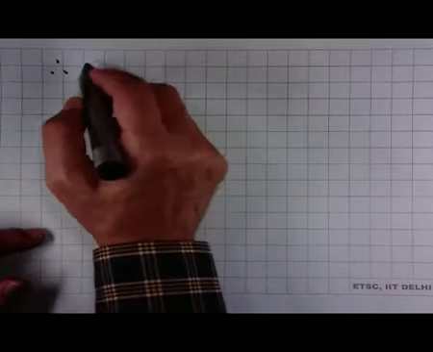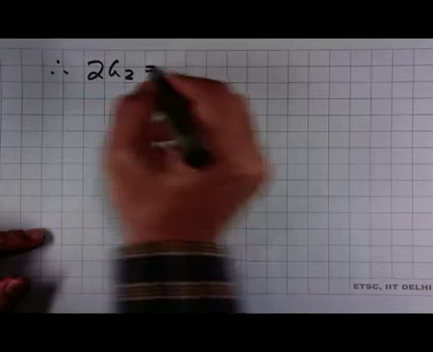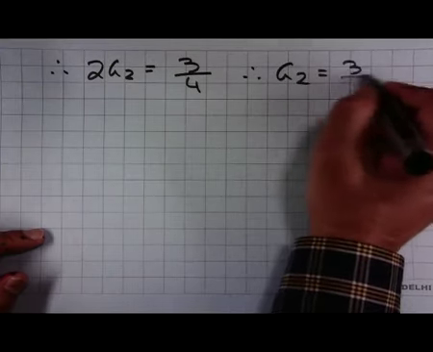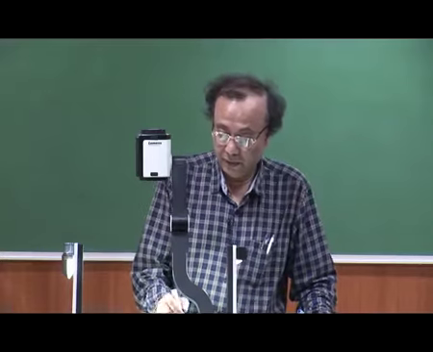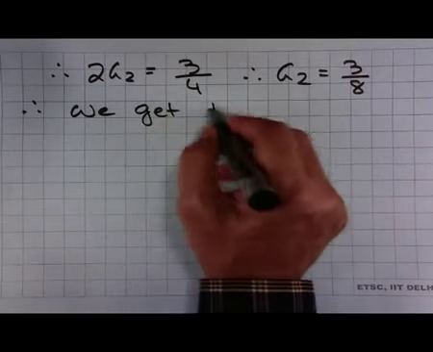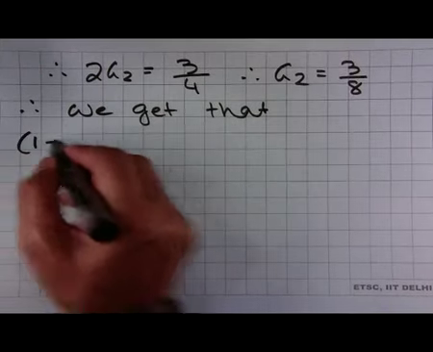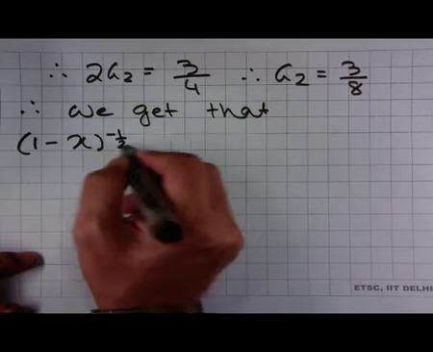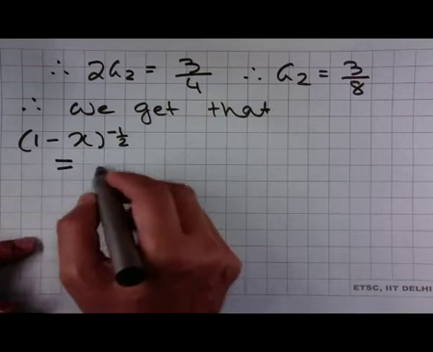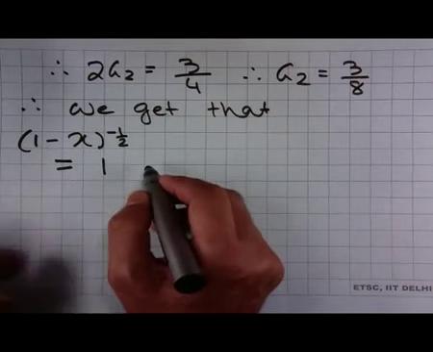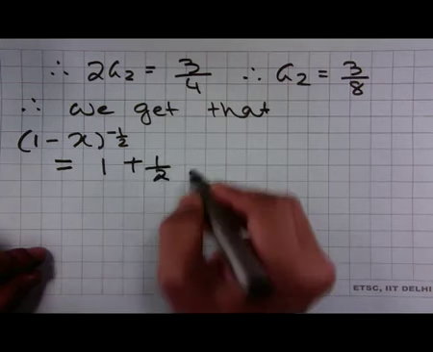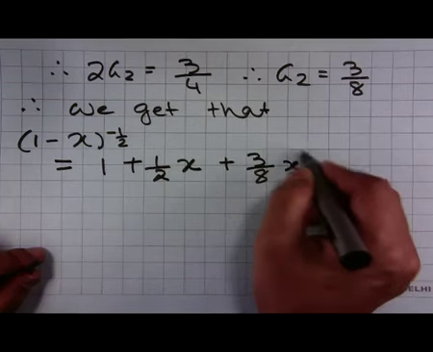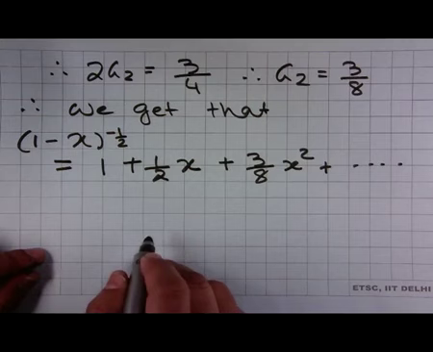Therefore, 2 a2 is equal to 3 by 4. Therefore, a2 is equal to 3 by 8. Therefore, we get that (1 minus x) whole to the power minus half is equal to 1 plus half into x plus 3 by 8 into x square plus dot dot.